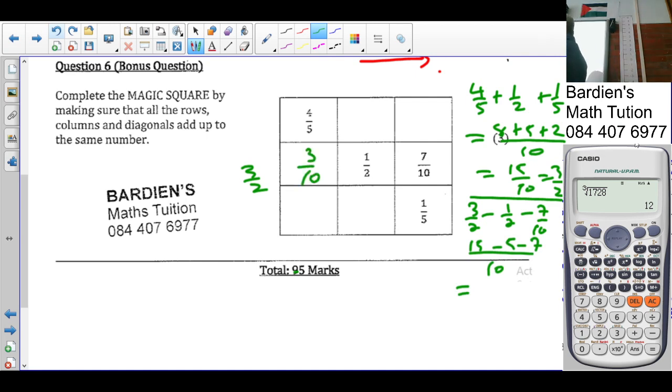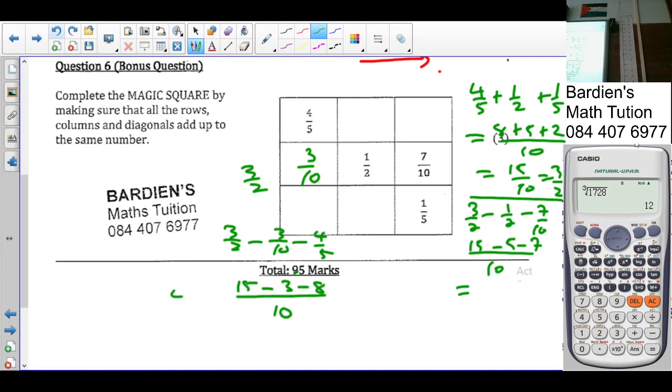Can you see that? Now of course, this down here should also be 3 over 2. So it's 3 over 2 minus 3 over 10 minus 4 over 5. Your LCM is 10. It's 15 minus 3 minus 8, so it's 4 over 10, which is 2 over 5.